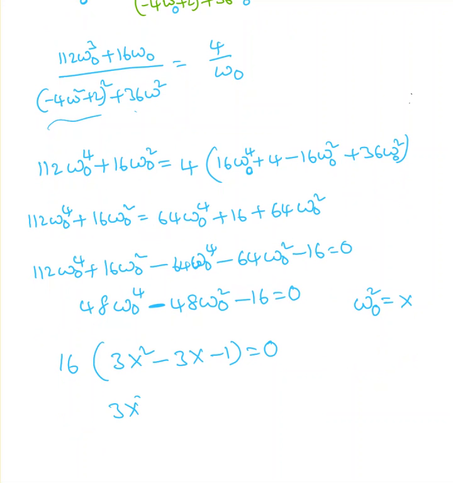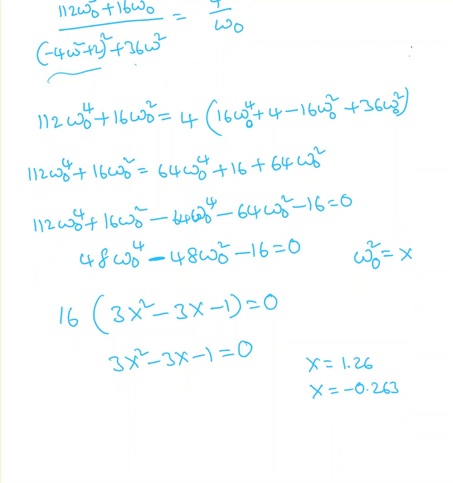So I have equation 3x square minus 3x minus 1 equal to 0. Now by using the quadratic equation function, find the x value. So after solving this quadratic equation, I end up with x value as 1.26 and x value as minus 0.263. Okay, so for sure x value won't be negative, so it must be positive value.